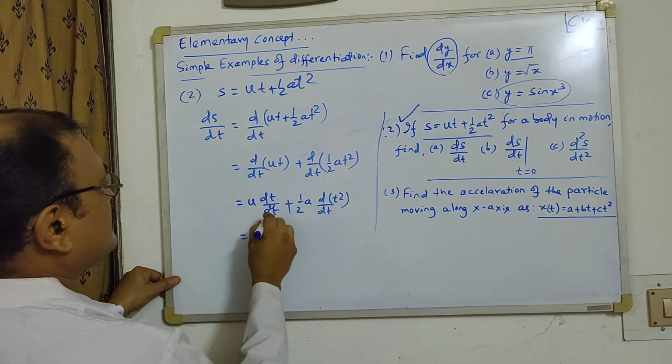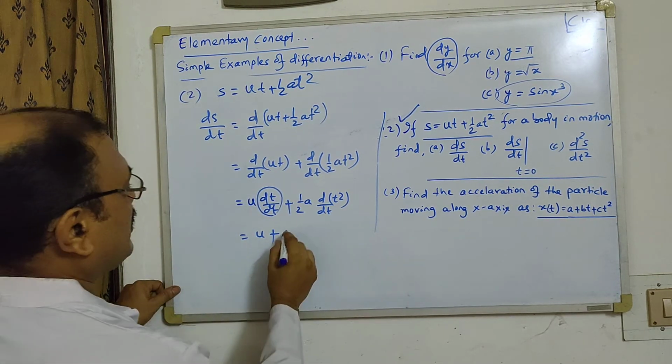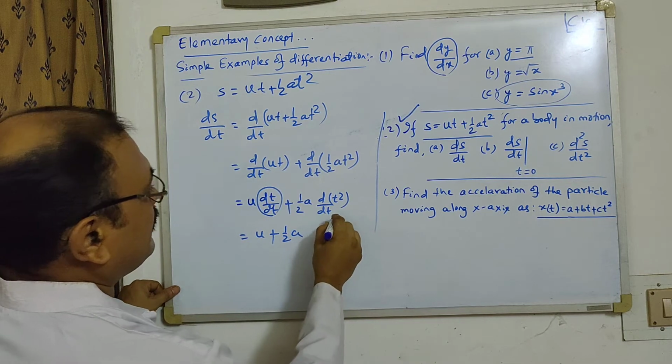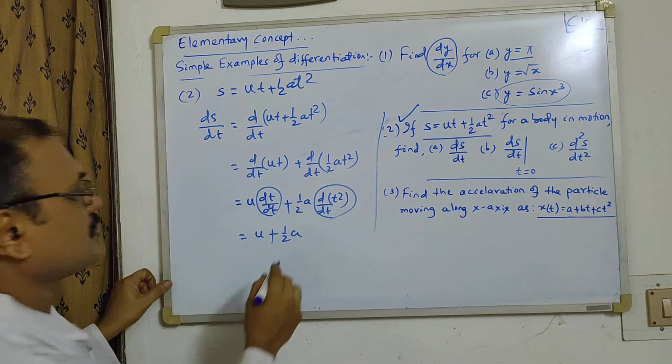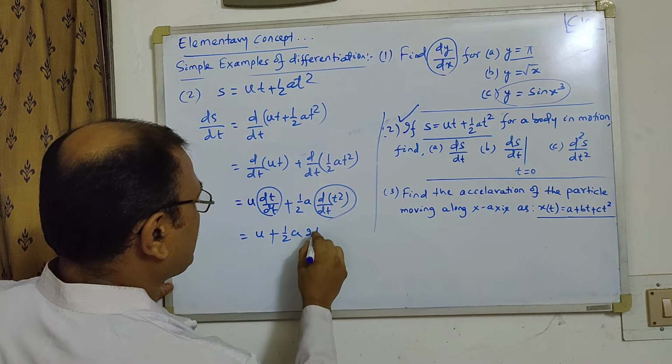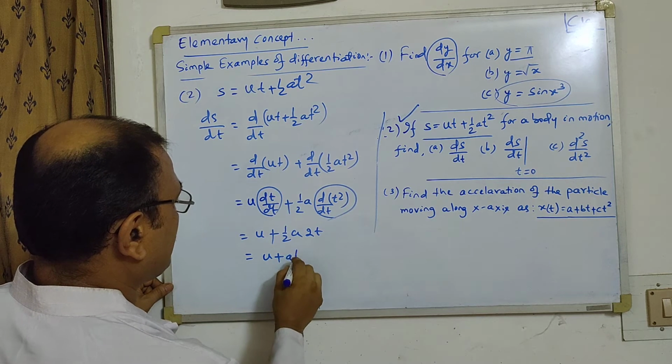Now here this one being 1, so I have u plus half of a, and here I can apply n into a to the power n minus 1, so therefore it becomes 2t. So I get the answer as u plus at.